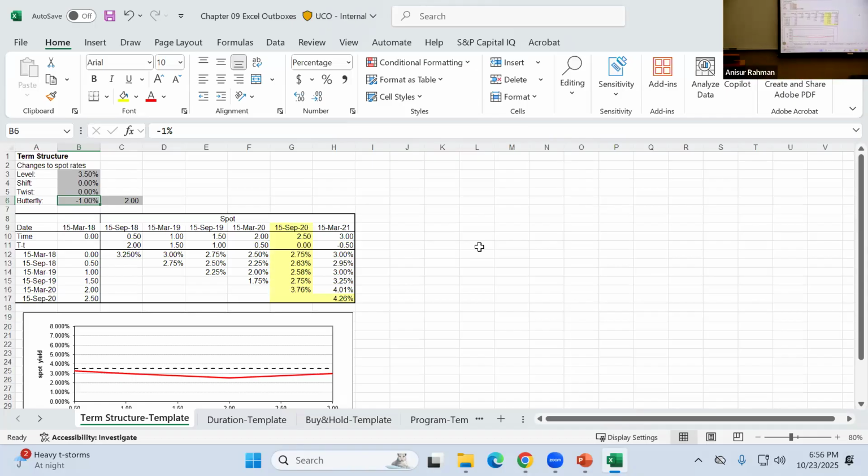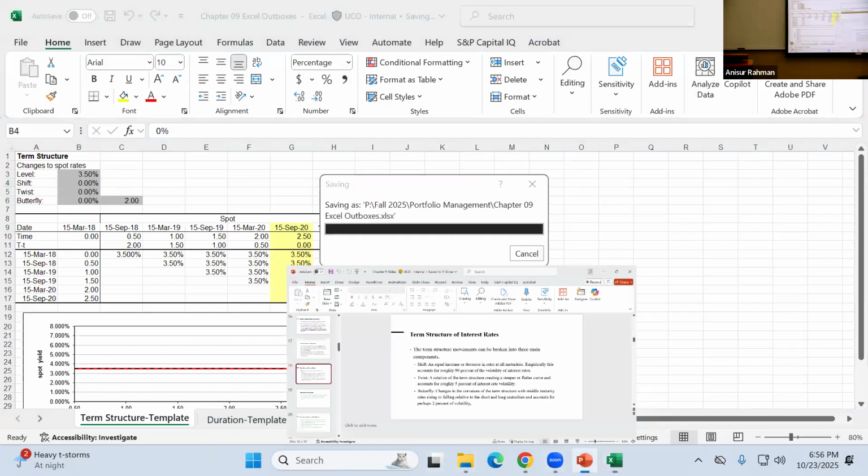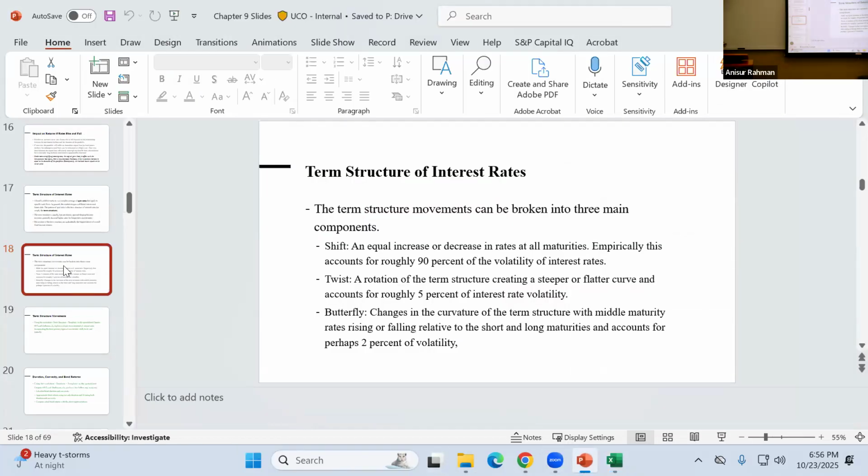Joa, you're good? Now I will go back and enter 0% to all of this and save it. So we all understood what is meant by term structure of interest rates.